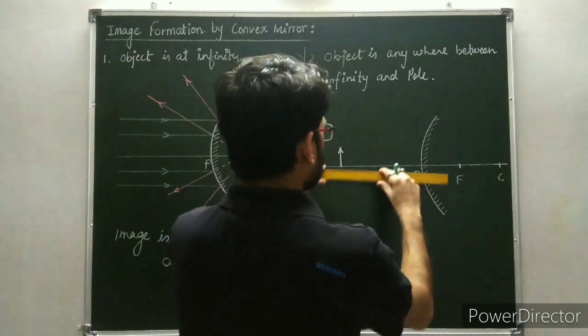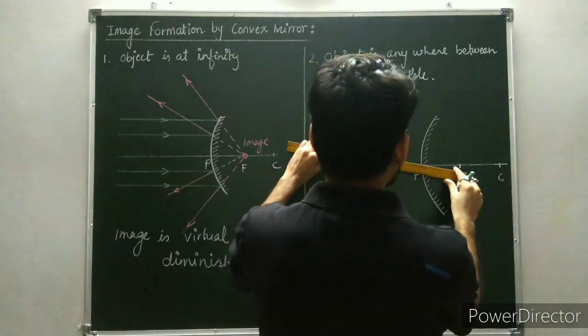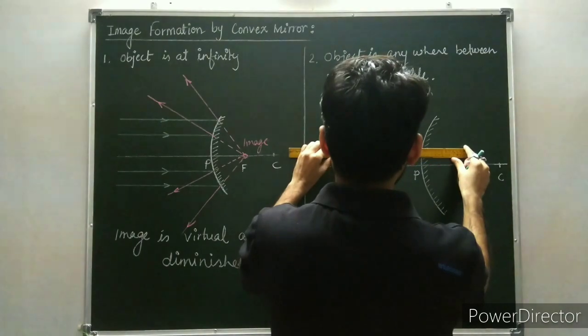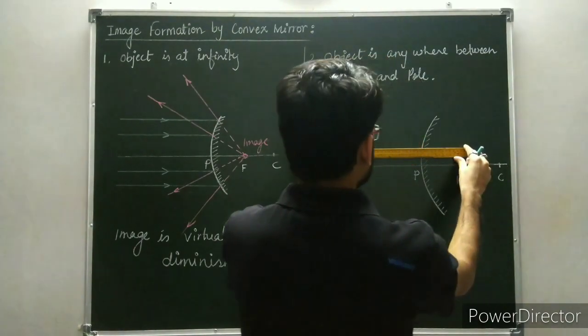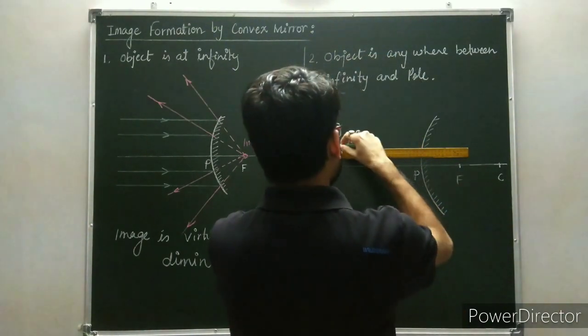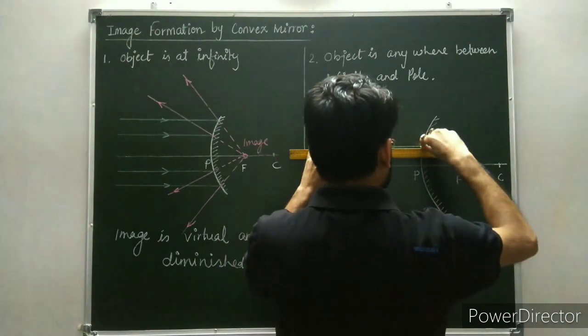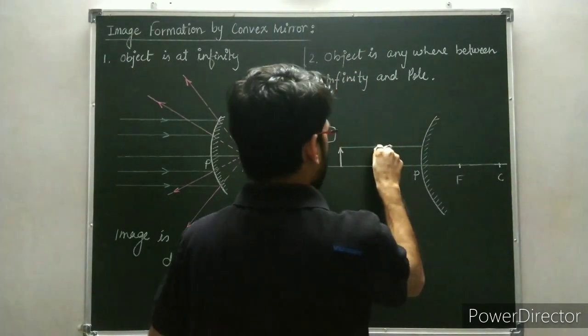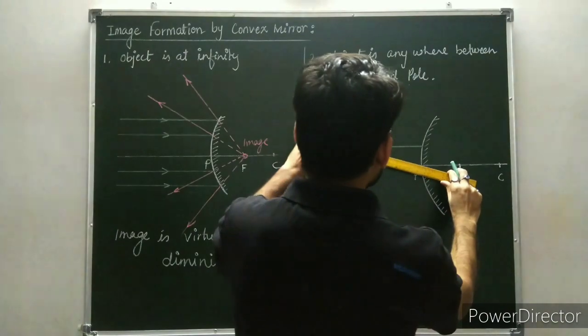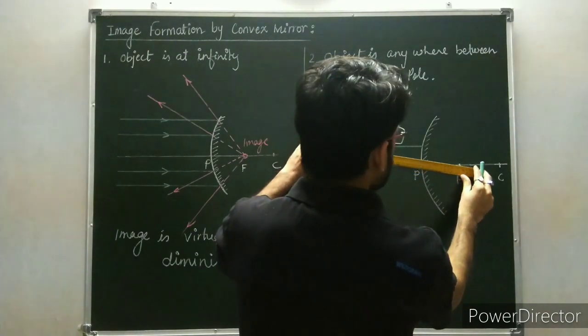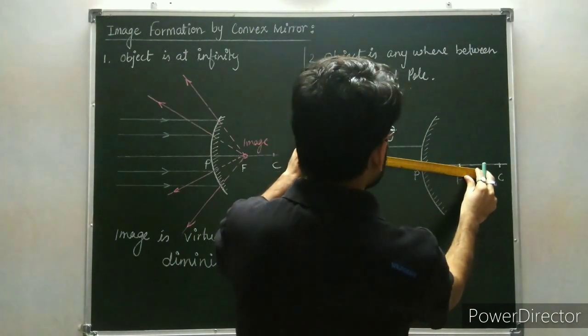So I am taking the first incoming ray which is parallel to the principal axis, and the second one which appears to pass through focus.